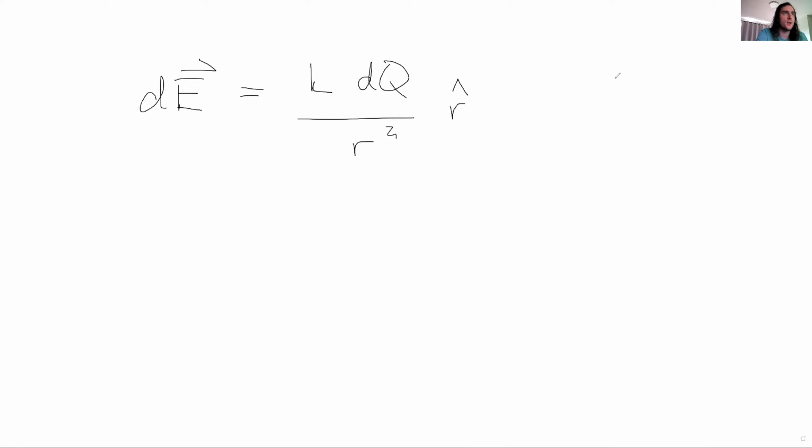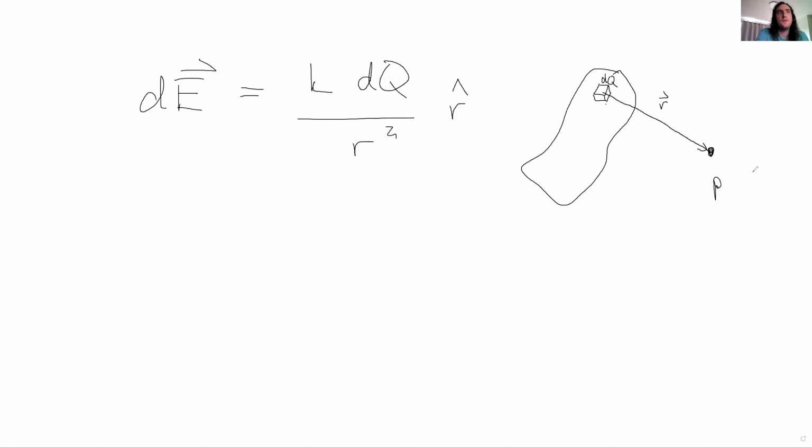So let's get a picture here. Suppose we have some sort of charge distribution like this, some sort of potato shape, and there's a little volume here of charge, and that volume has a charge amount of dQ. We're interested in the electric field at this point P over here, and dQ is at a distance, let's say this is the vector R, away from that point.